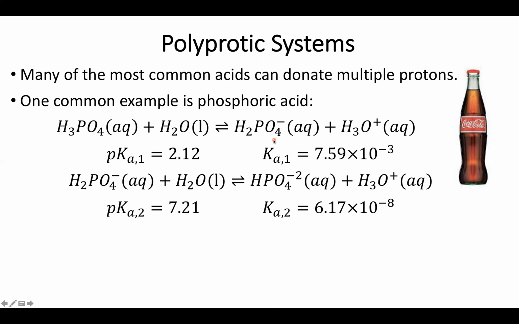This dihydrogen phosphate can then release a second proton to make monohydrogen phosphate. So the first pKa is the pKa of that first proton.